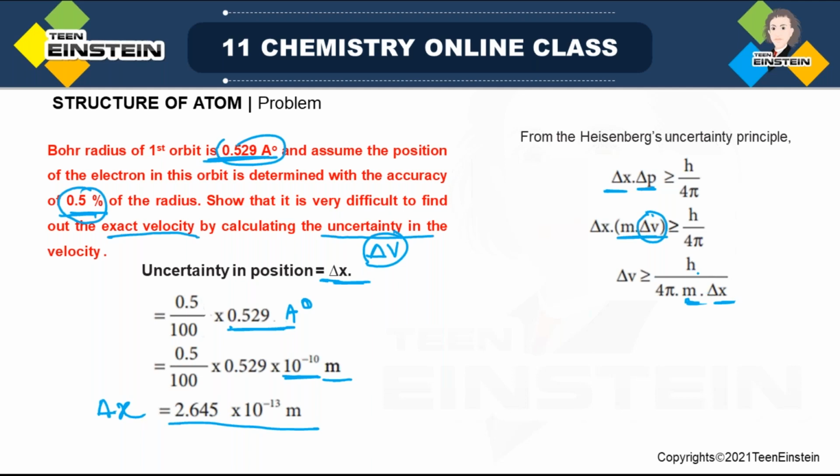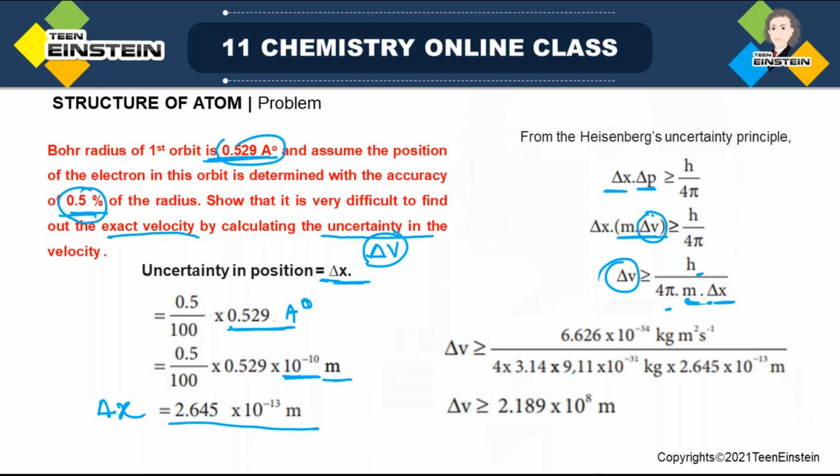So put the value of h, pi, m and del X. All the quantities on the right hand side are known. Putting all these, you can get the value of del V, and looking at the value of del V, you can understand whether it is high or low, and that proves whether it is difficult to find or not.